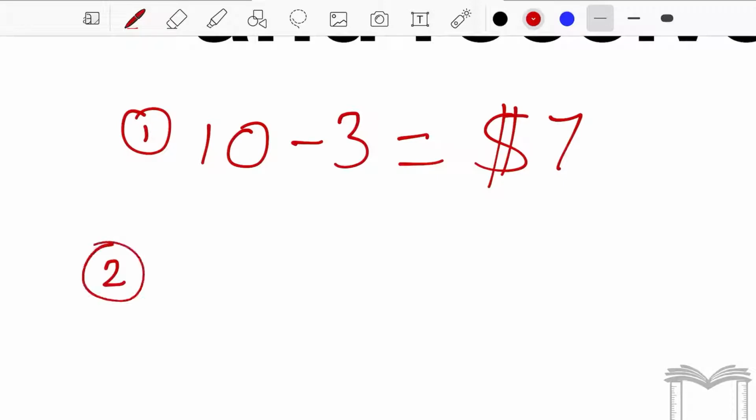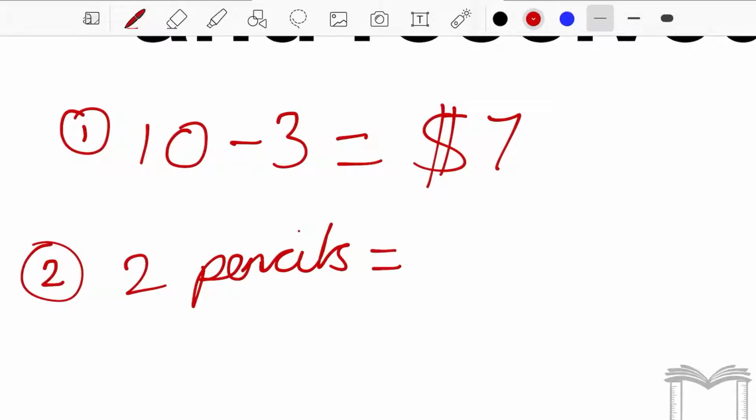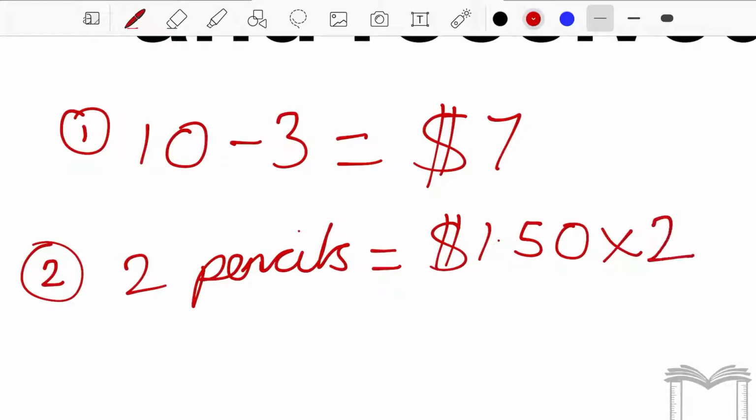So second step, 2 pencils is equal to $1.50 times 2. When we work this out, we will get $3.